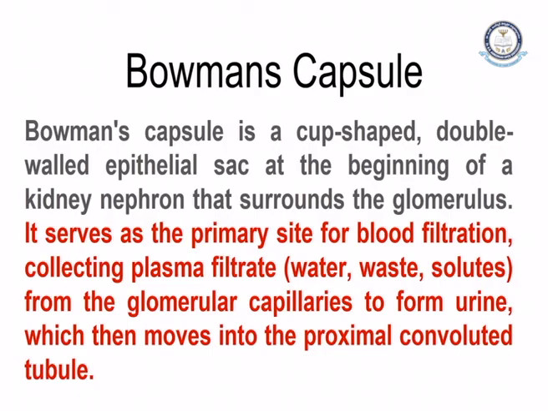In the Bowman's capsule we find glomerular capillaries. These capillaries are small blood vessels which filter water, waste and solutes from the blood, and they form the filtrate, which is then moved to the proximal convoluted tubule.